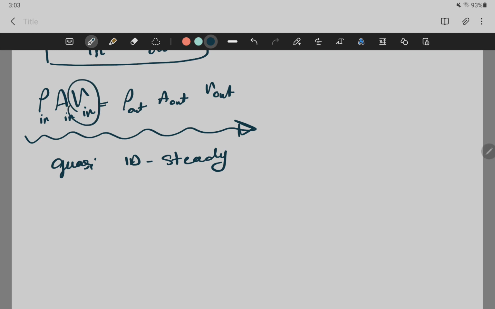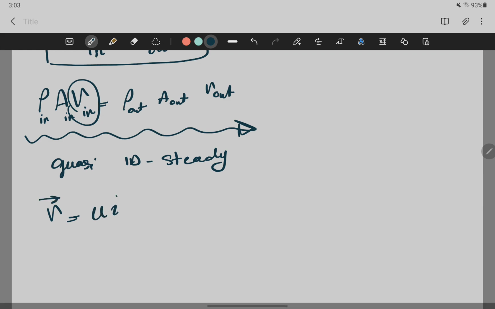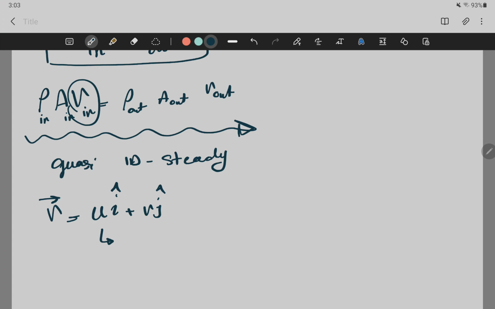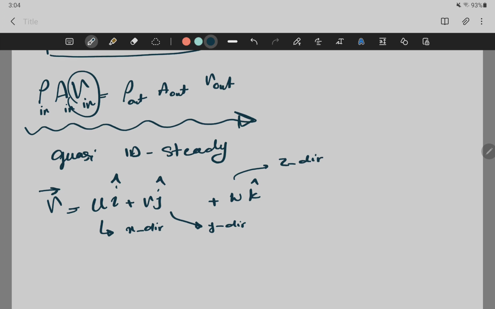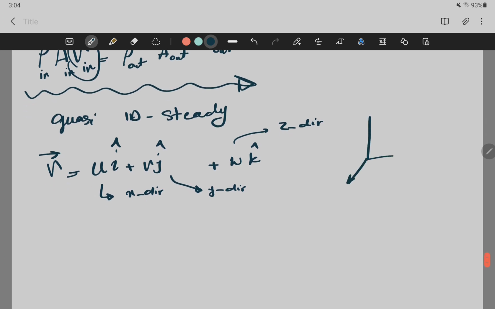So this V, if you recall, the velocity vector in a Cartesian coordinate system is u i plus v j plus w k. u is the component of velocity in the x direction, v is the component of velocity in the y direction, and w is the component of velocity in the z direction.